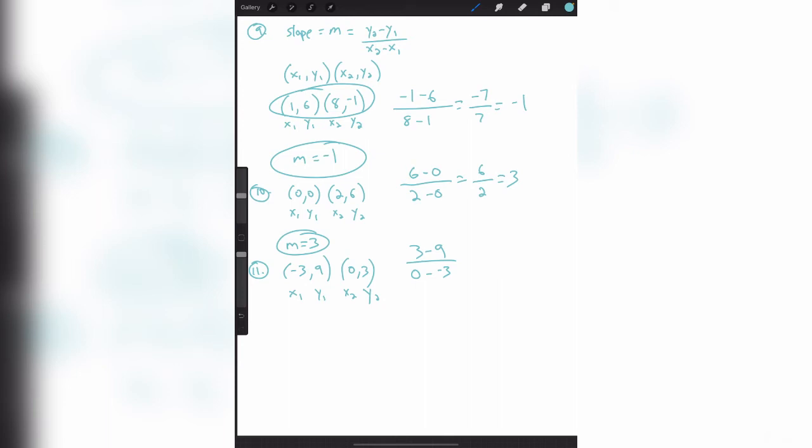All right, so 3 minus 9 is negative 6. And 0 minus negative 3, subtracting a negative is the same as adding a positive, right? So you would get positive 3 there. And that leaves you negative 6 divided by 3 is negative 2. So my slope is negative 2.